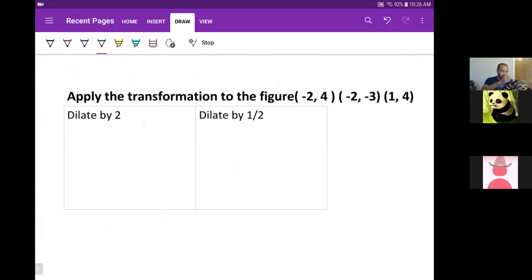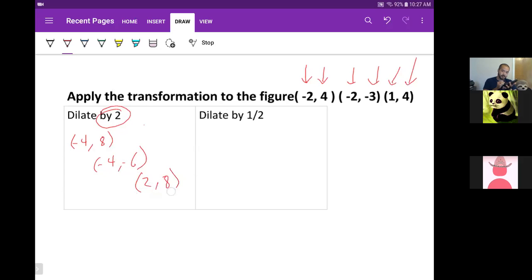Okay, with dilations. Dilations are really straightforward because we're just focusing on the ones dilated about the origin. So all you do, dilate by 2, multiply everything by 2. So that'll be -4, 8, -4, 6, and 2, 8.